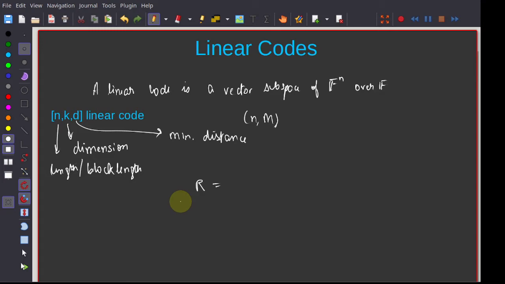For an (n, M) code, n is the block length, M is the number of code words. Correct, so it is log M to base 2 divided by n. So log of the number of code words, or the message size, divided by n. Now for a linear code, what is M equal to?